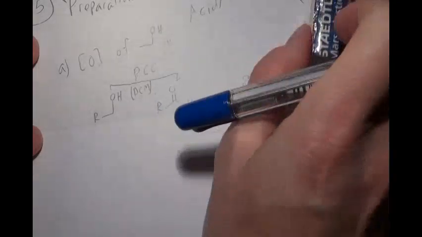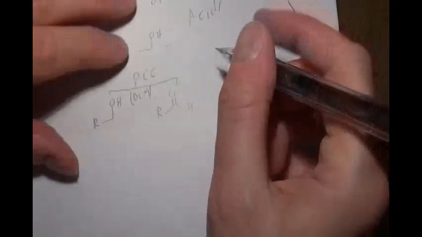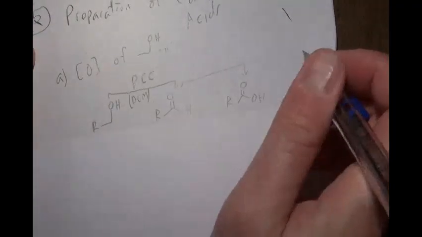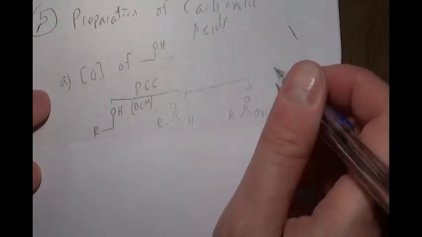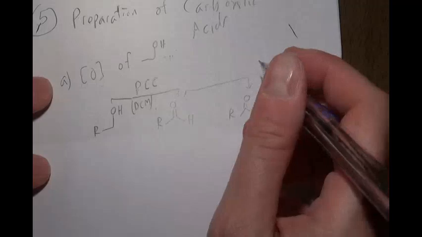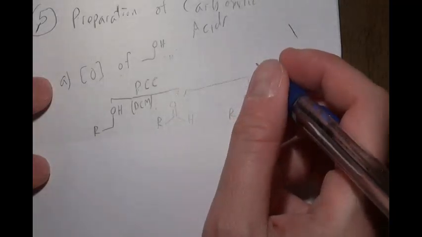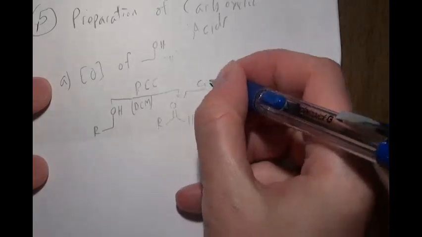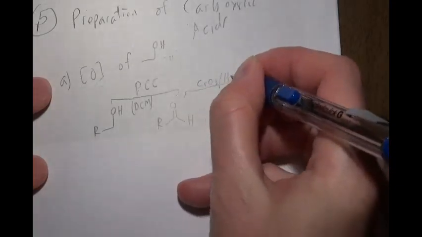And if we want to keep going from the aldehyde to the carboxylic acid, there was a way to do that. We learned this, maybe mentioned in Organic 1, but we use CrO3 in acid.